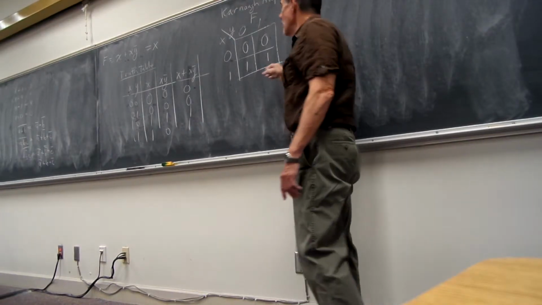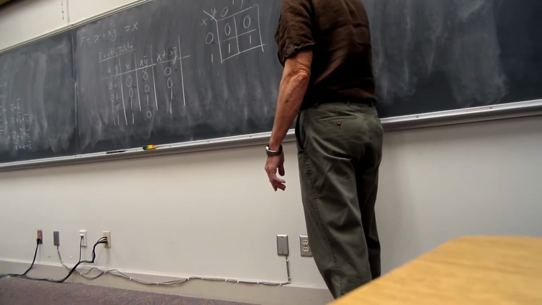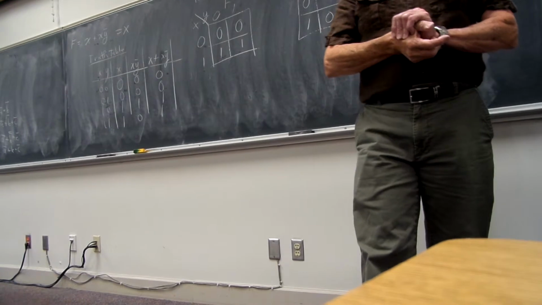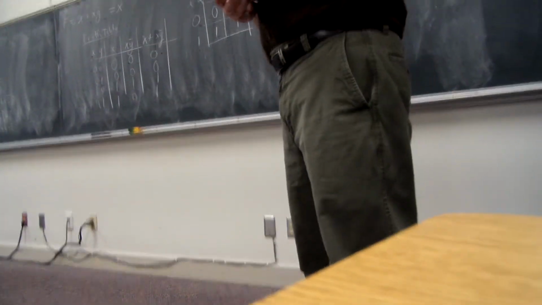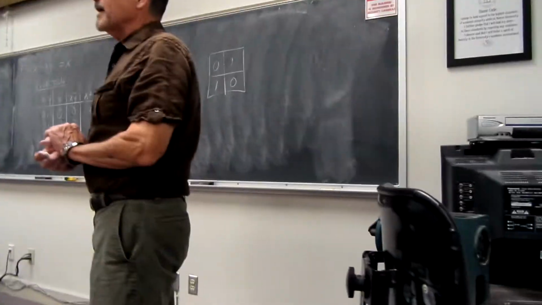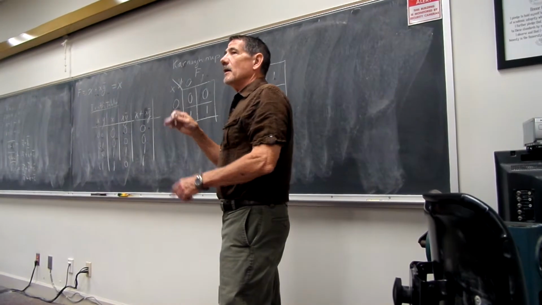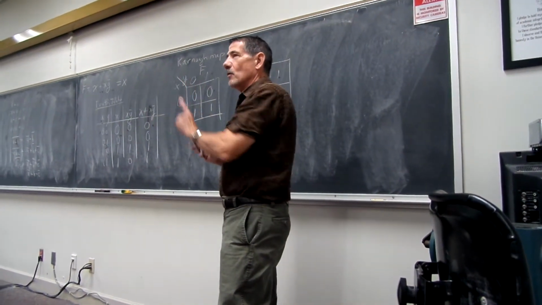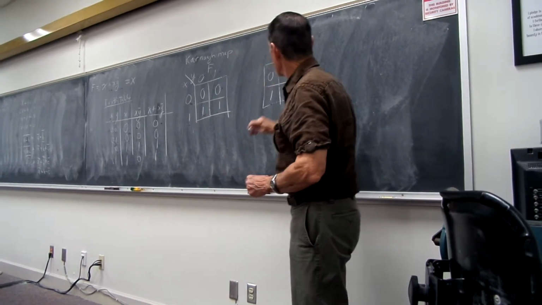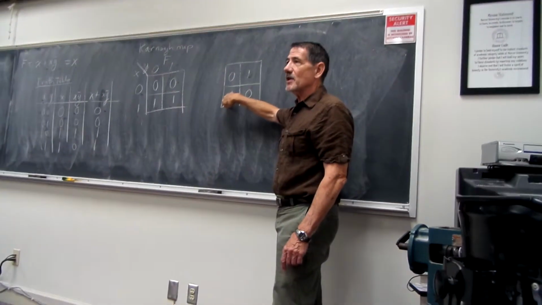Everybody okay with that? Yes? Okay. What would happen if I had this function? Do I have a group of 2? The answer is no. Can I get from the one up here to this one through some path by only having one variable change at a time? The answer is no. Do you understand that if I go from here to here, both the variables have got to change?